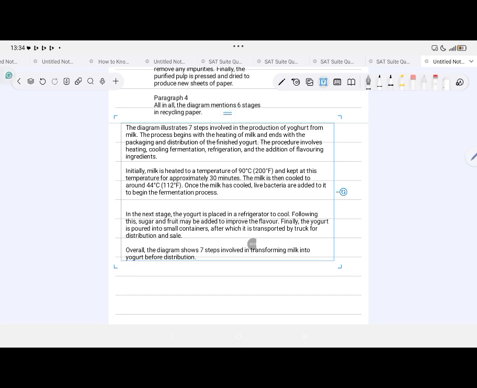Following this, sugar and fruit may be added to improve the flavor. Finally, the yogurt is poured into small containers, after which it is transported by truck for distribution and sale. Overall, the diagram shows 7 steps involved in transforming milk into yogurt before distribution.